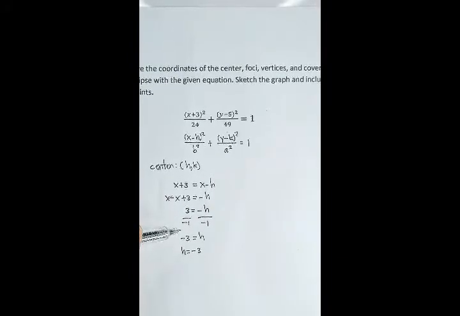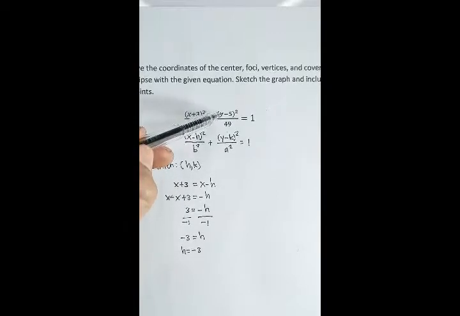Then the same goes for y, or the same for k. So y minus 5 first, which is y minus k. We equate them so we can solve for the value of k.